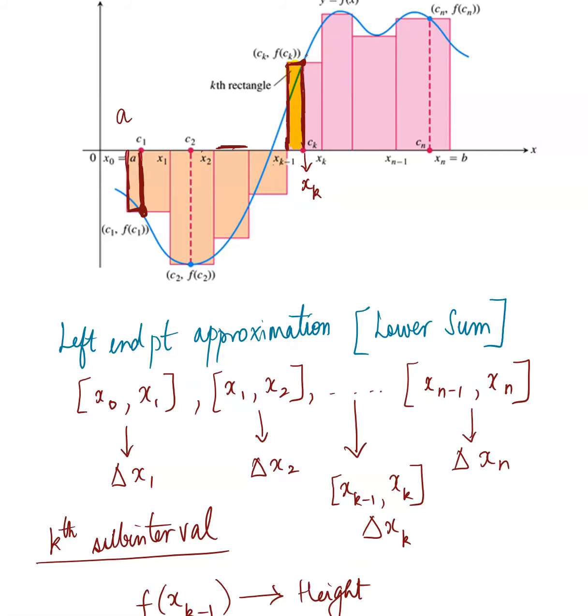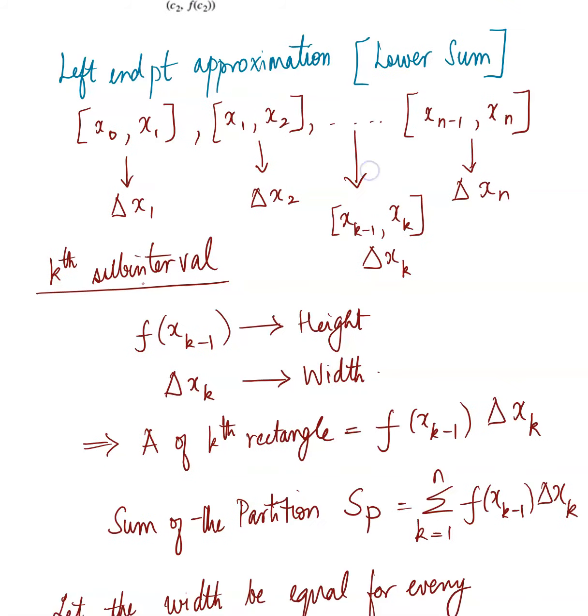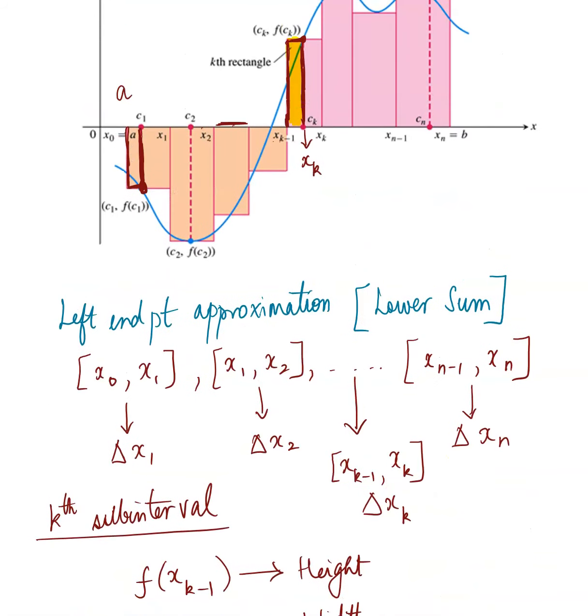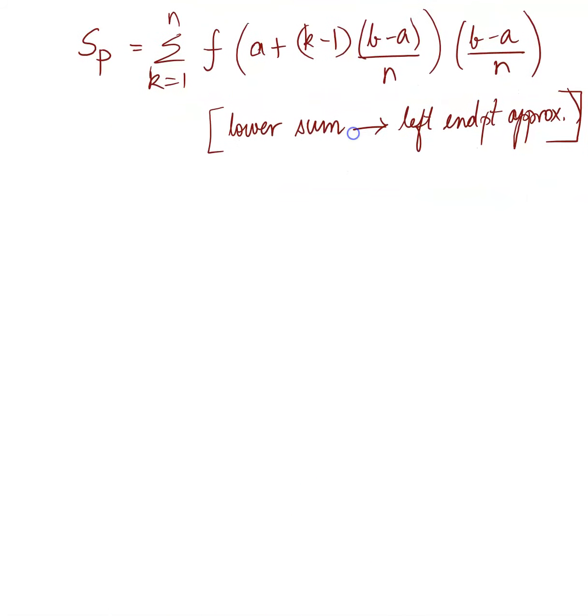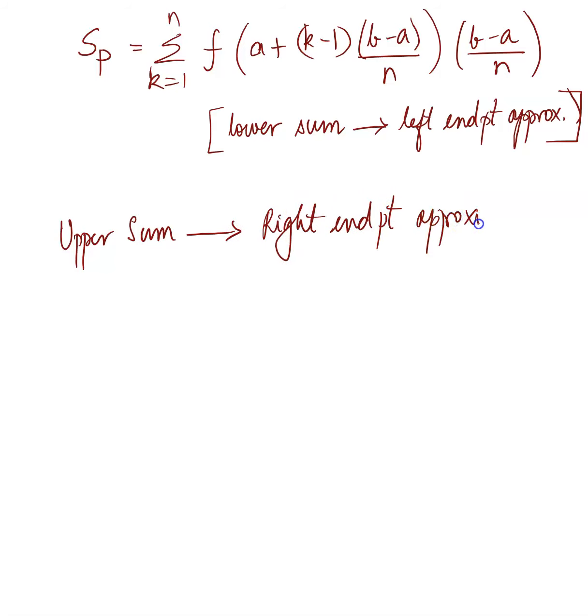Okay, so the kth interval. So you can argue the same way, right? The kth subinterval will have the height that corresponds to xk, isn't it? Because it's the right endpoint. Previously it was xk minus 1, so here it's xk. So I'll come back here and I'll say upper sum, right endpoint approximation.